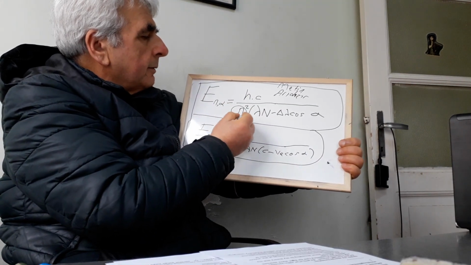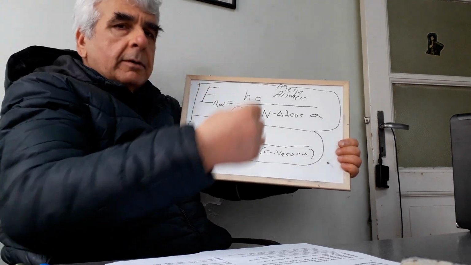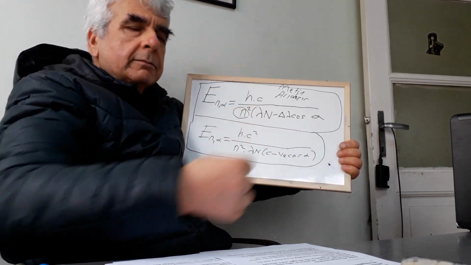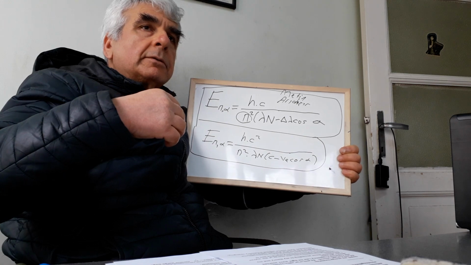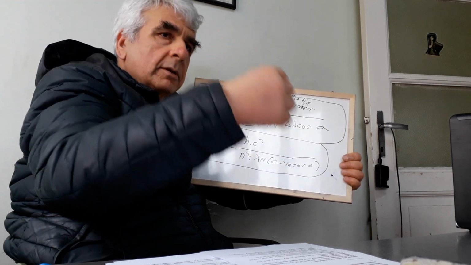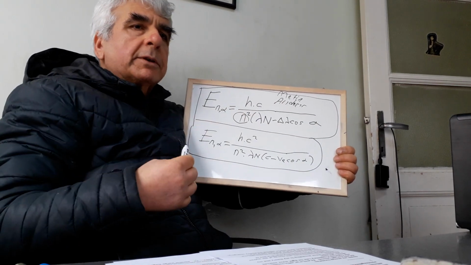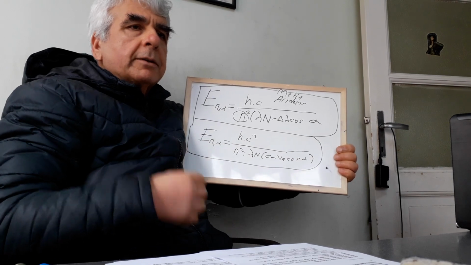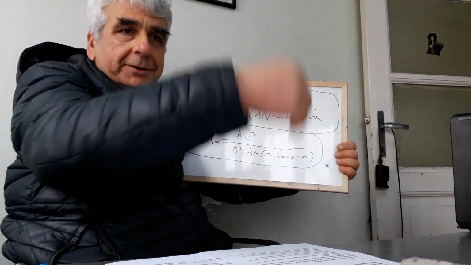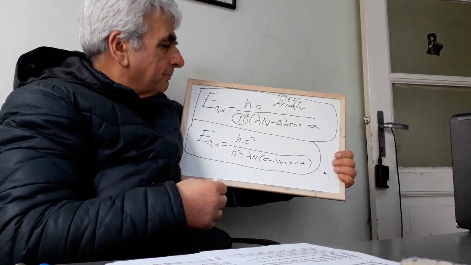Here n is the number of cycle of the electron motion form. Remember, n equal 1, n equal to linear velocities, you remember.